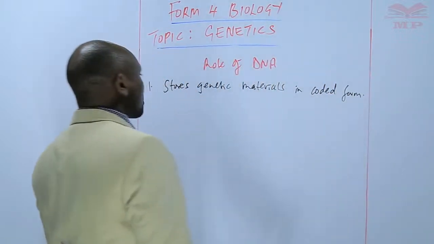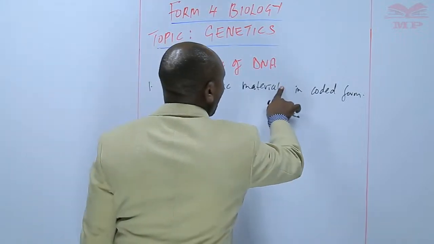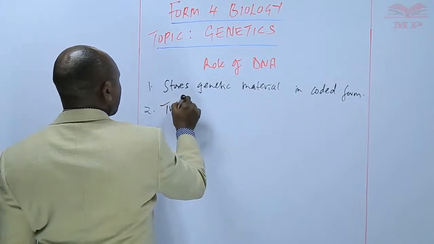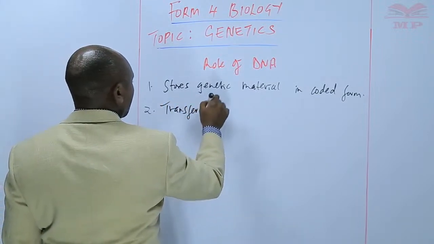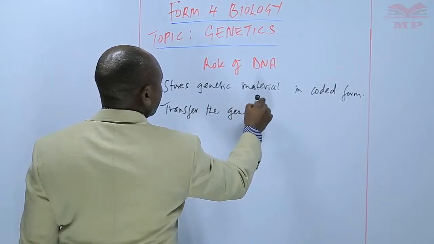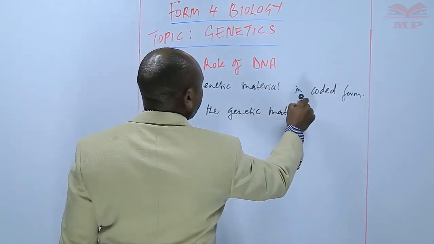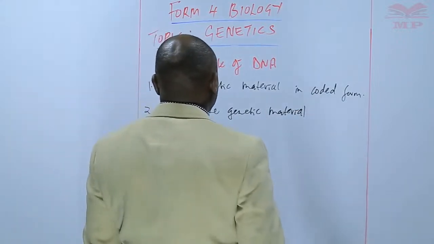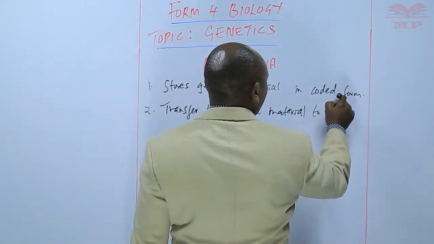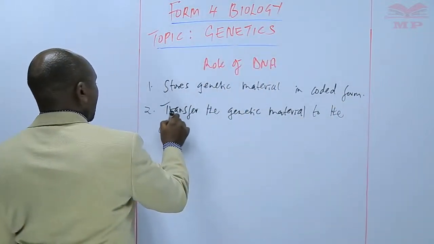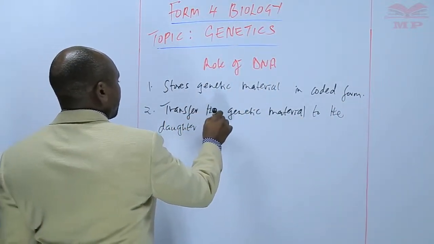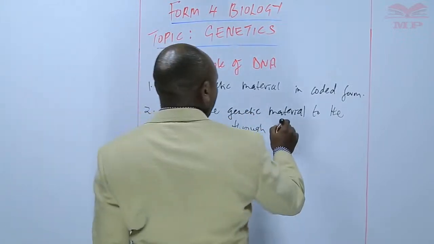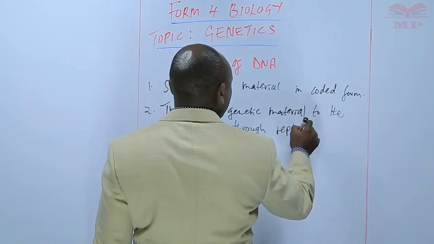Number 2, it transfers the genetic material to the daughter cells through DNA replication.